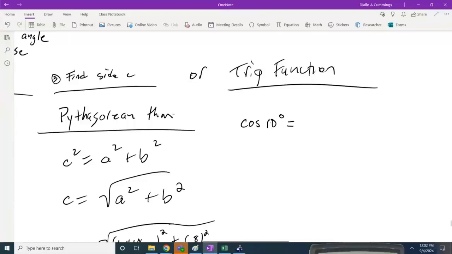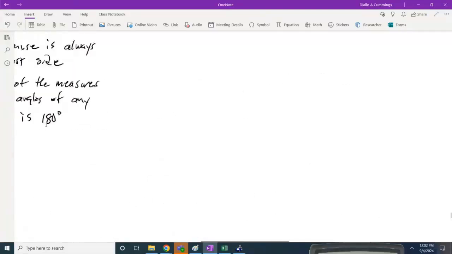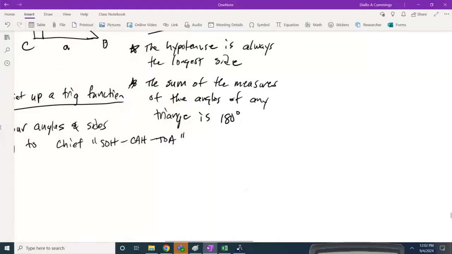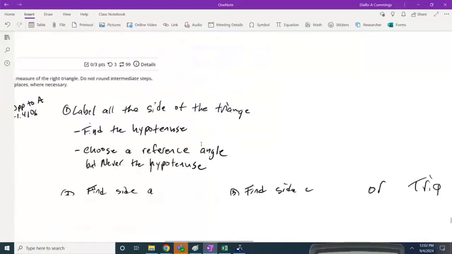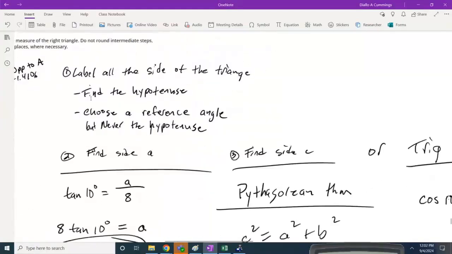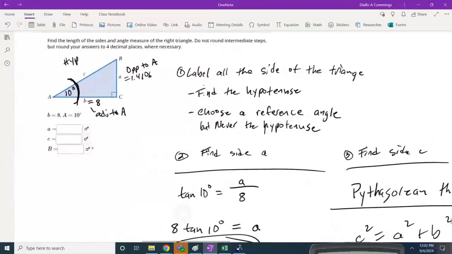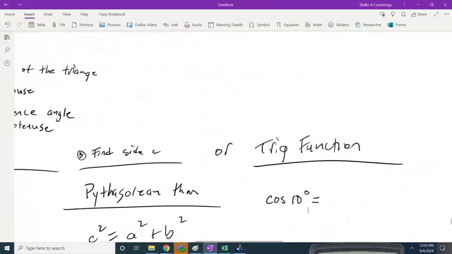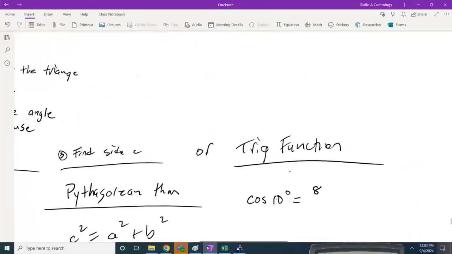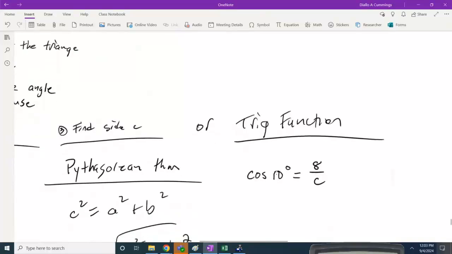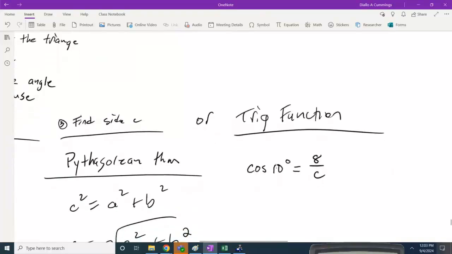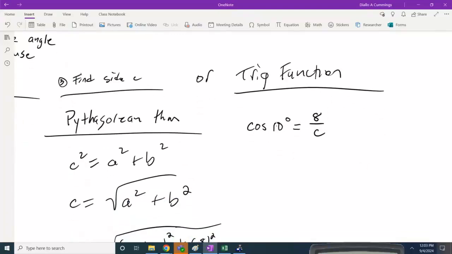So I'm using this function. The cosine is the adjacent over the hypotenuse. That's equal to the adjacent, which is 8, divided by the hypotenuse, which is C. So this is what my trig function looks like to find C. How would I solve for C?